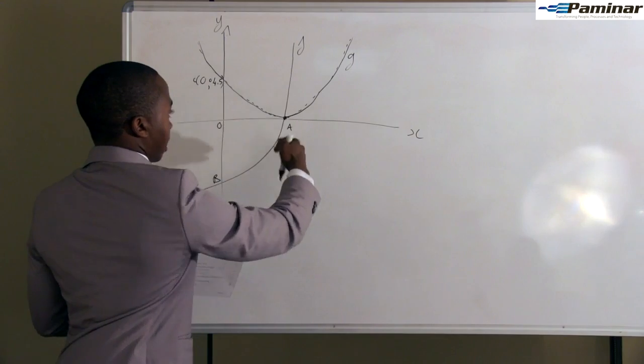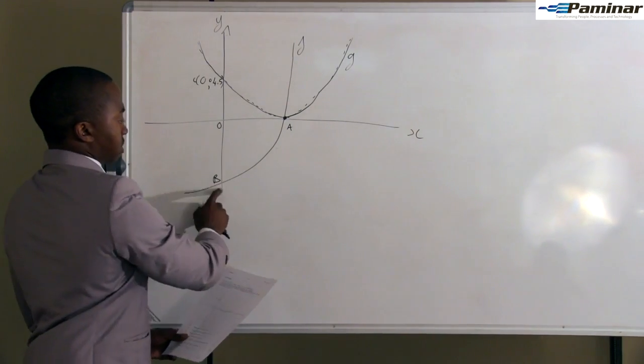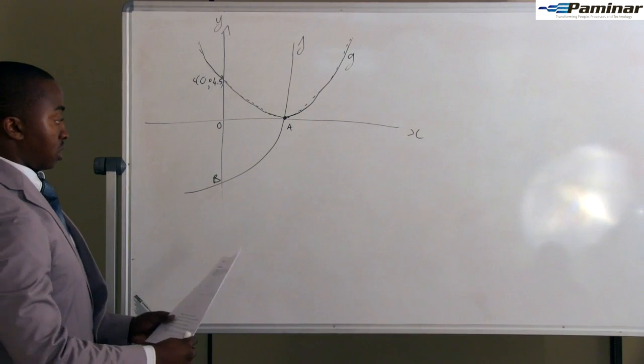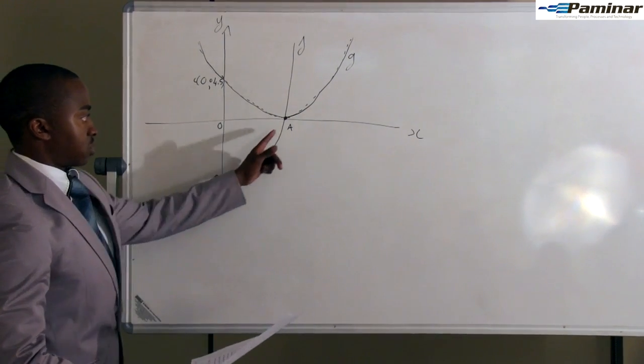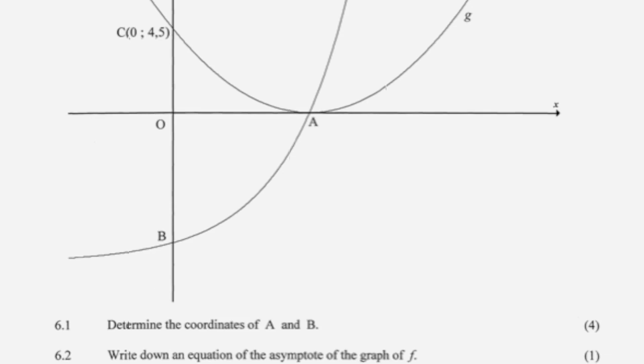We've got f and we've got g. That's your x-intercept. That's your y-intercept. The first question is based on those two, the y and x intercept. So they say determine the coordinates of A and B.